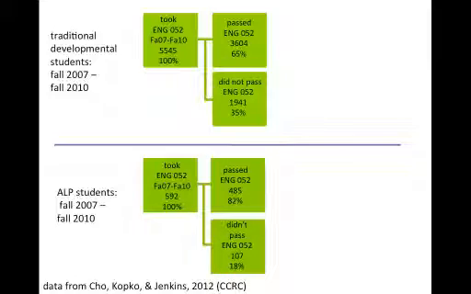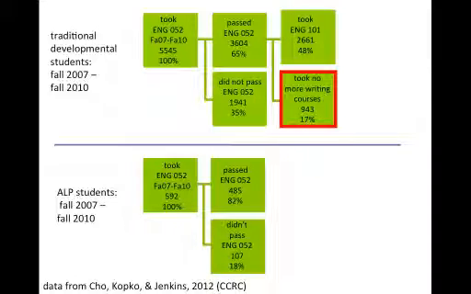Now the next step in this pipeline diagram is this one. Remember back in video number 1, we showed you that in 1993, we did a 4-year longitudinal study of students from the academic year 1987-88, that 16% actually passed the developmental course and never even attempted to take English 101.